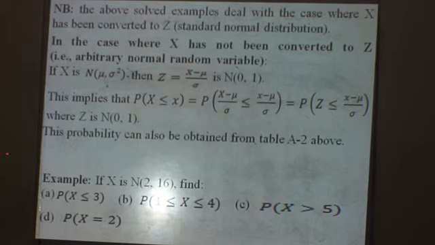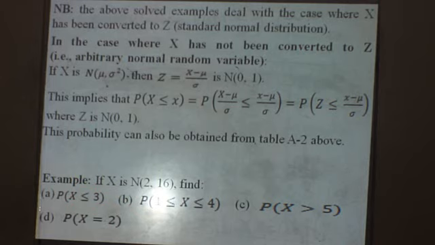So example, given x, or if x is normally distributed with mean 2 and variance, don't forget when you are dealing with a random variable, the second entity here is normally the variance, not the standard deviation. With variance 16, find A, probability that the random variable x is less than or equal to 3.